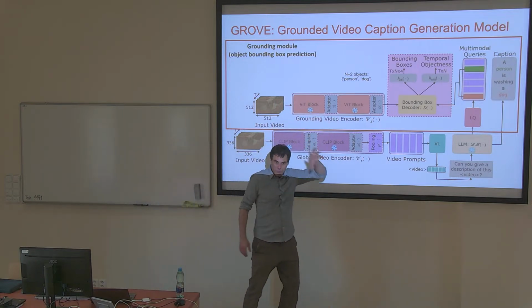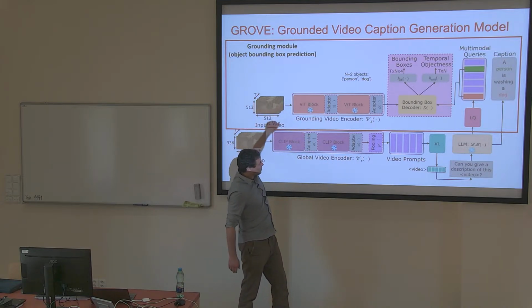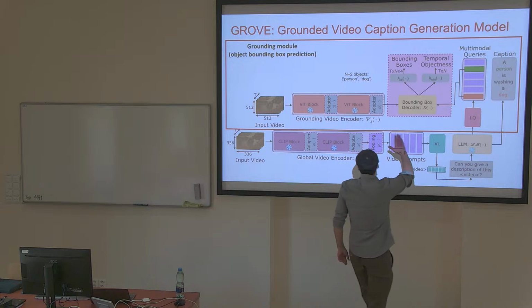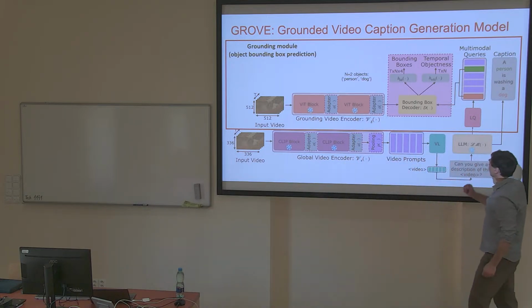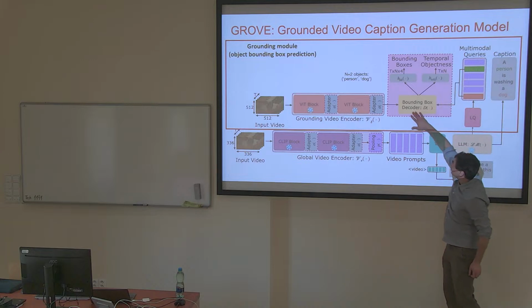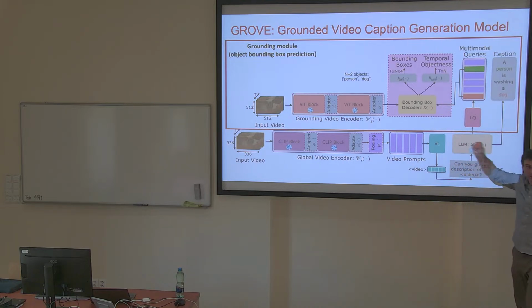But they are more fine-grained. They represent more localization information. They are individual patches, and so this encoding of the video, which is more specific for localization, is coming into this bounding box decoder, which is a language model, but trained specifically for predicting boxes.